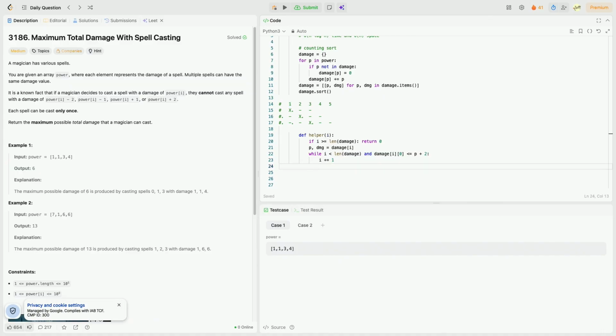Okay, so now that means we can actually pick the next spell at position I, right? So we moved out of this range that doesn't allow us to pick the spell.